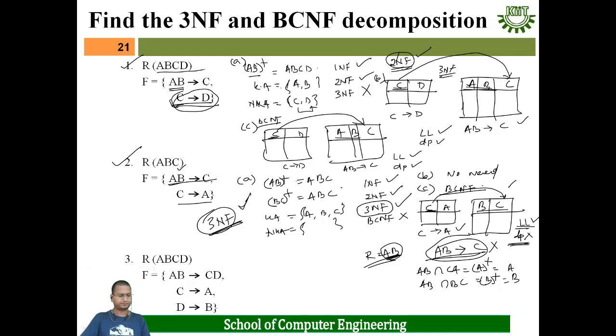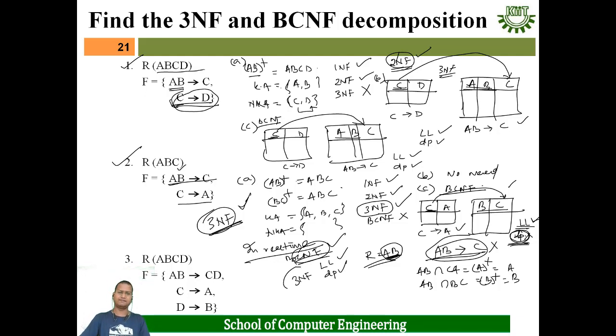Now, one thing I want to tell: in real time, BCNF is not preferred. Why is BCNF not preferred in real time? Because in most cases BCNF satisfies the lossless join property, but most of the time dependency preservation is not satisfied by BCNF. But whenever a relation is in 3NF, it should satisfy both lossless join as well as dependency preservation.